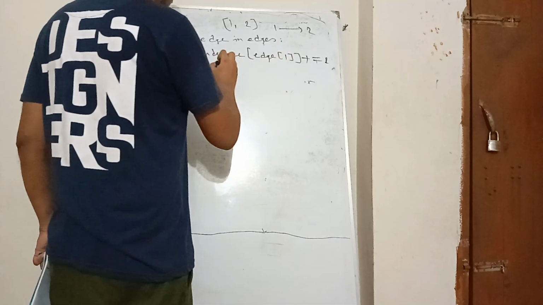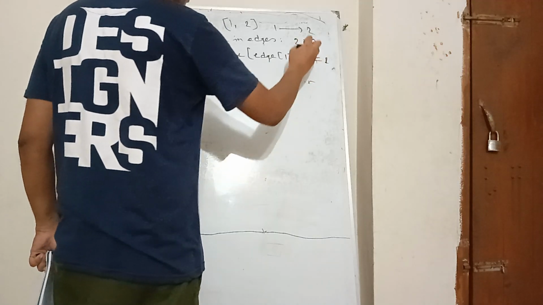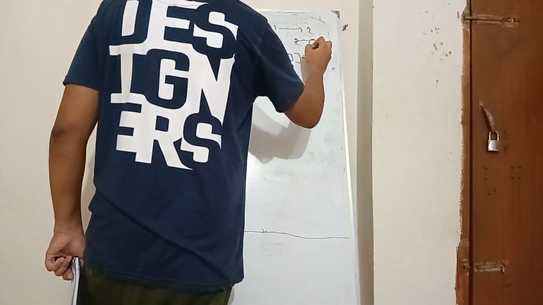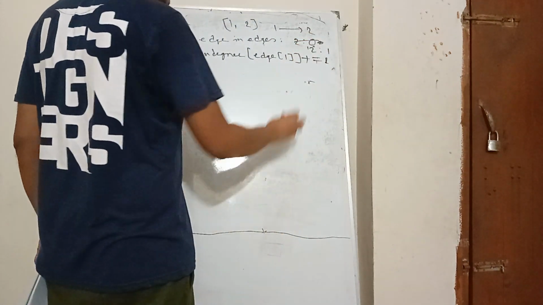That means in degree of 2, if it is 0, then we will increment it by 1. So in degree of 2 is 1.